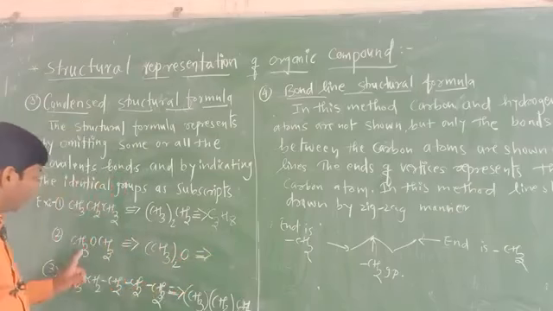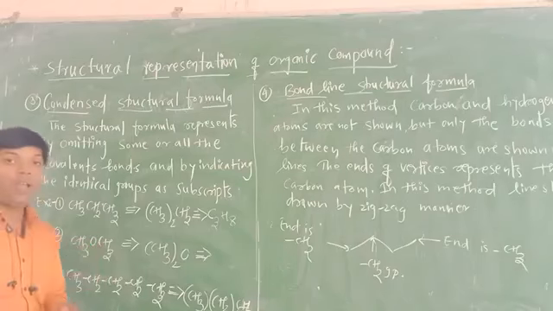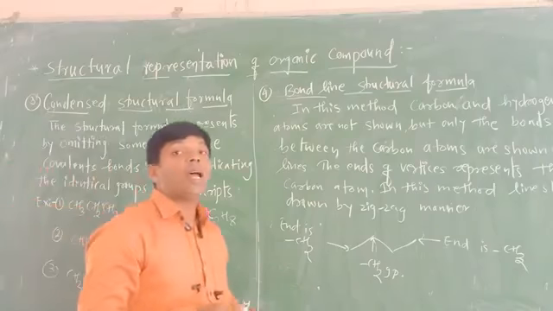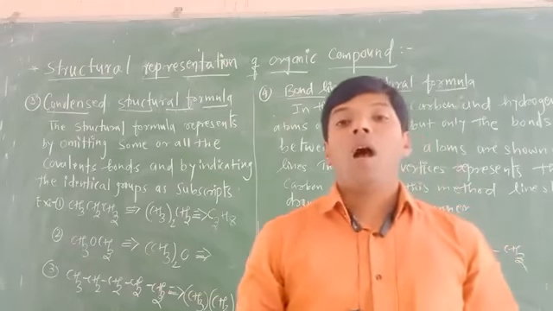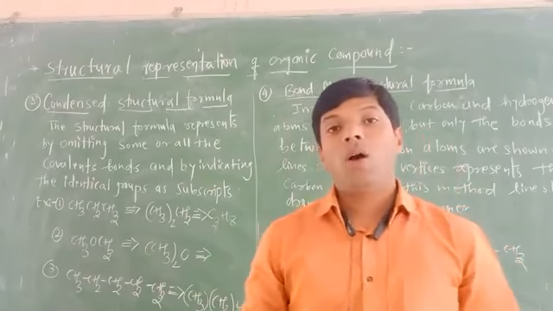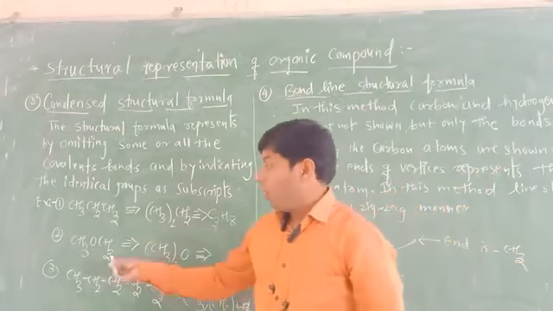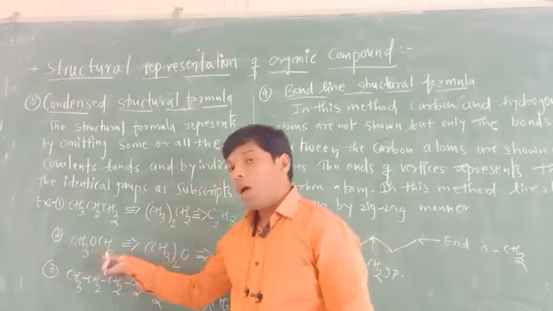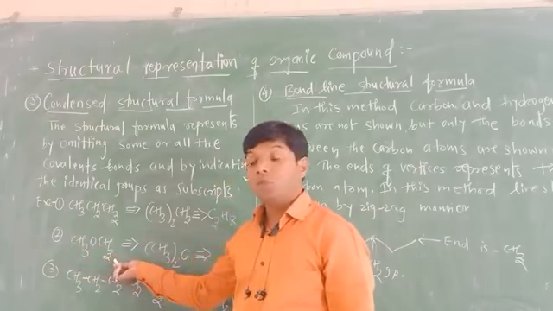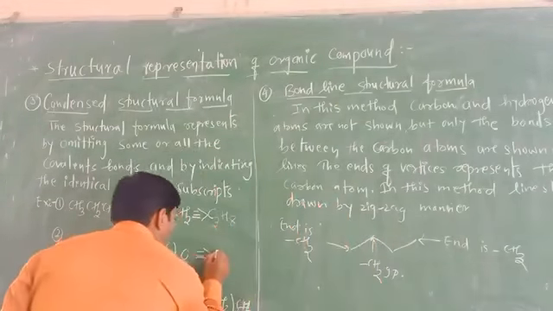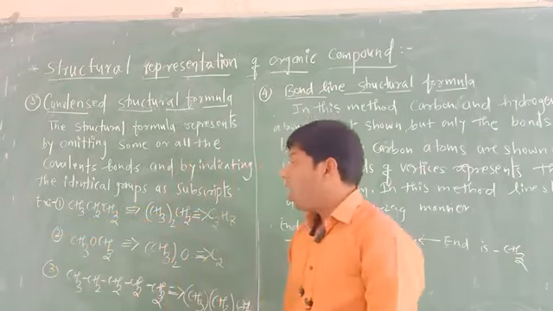One more example is there, CH3O, CH3. If you look at the example, we will find three different atoms are there. Which are the three different atoms? One is carbon, another is hydrogen, another is oxygen. So carbon and carbon are repeated two times, so I can write carbon with the subscript 2.